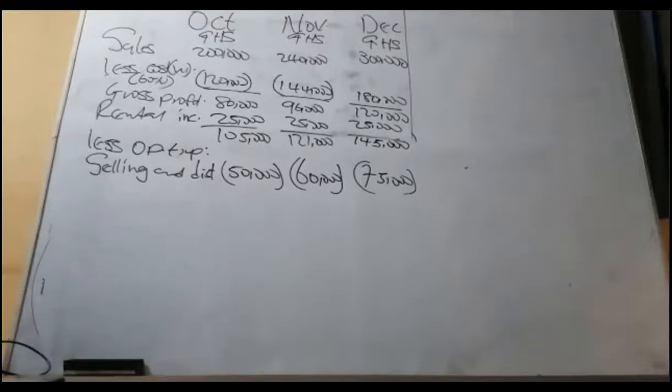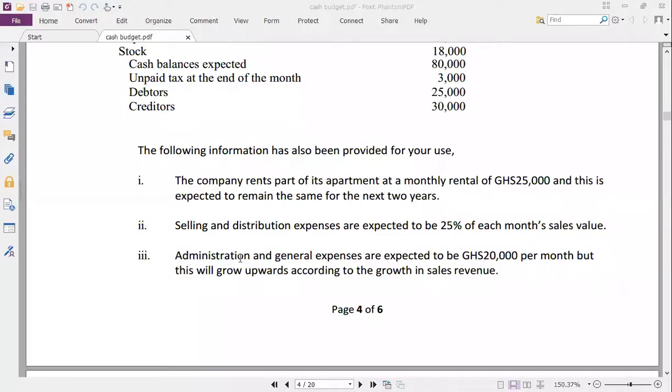Okay, the next item is the administrative expenses, or the admin and general expenses, amounted to 20,000 per month, but this will go upwards according to the growth rate in sales revenue.